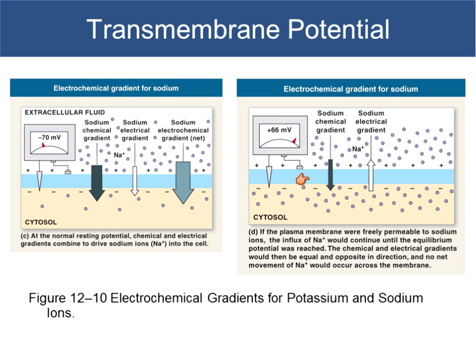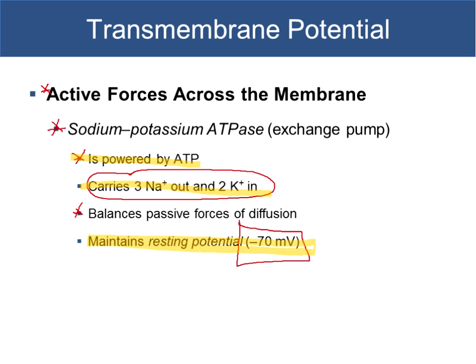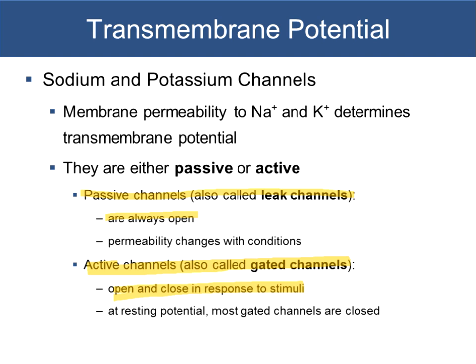So this membrane is not freely permeable to sodium ions. They just can't come across when they want to. They have to have either a leak channel or some sort of gated channel. But sodium wants to come in because of diffusion. More concentration of sodium out here than there is in here.